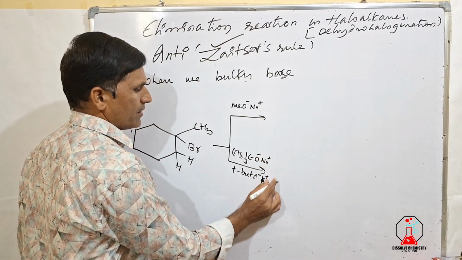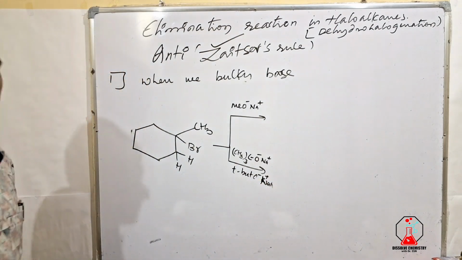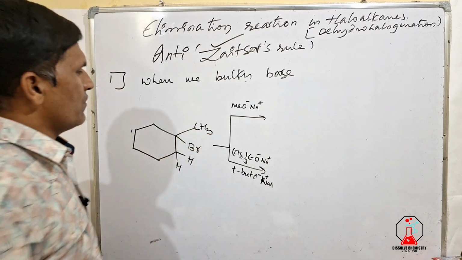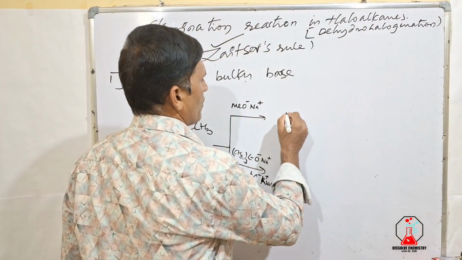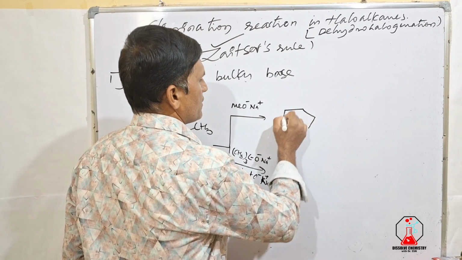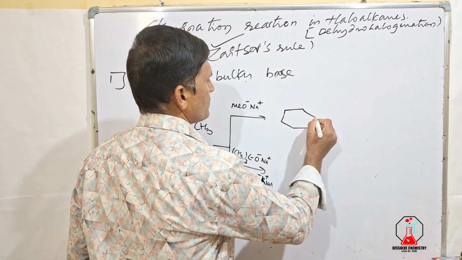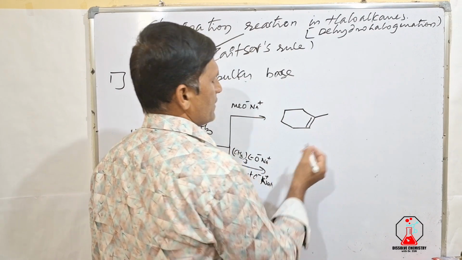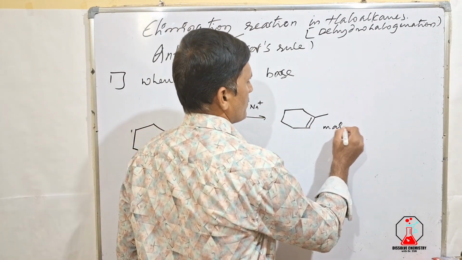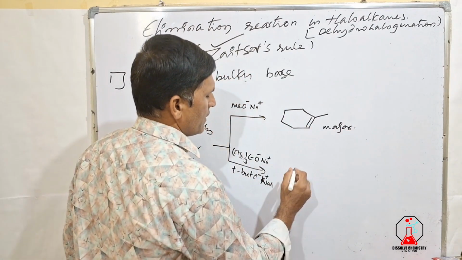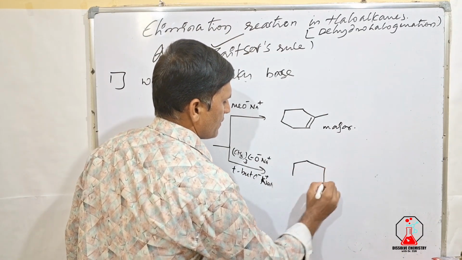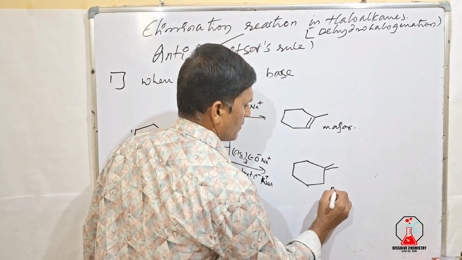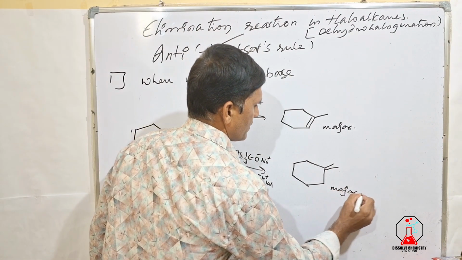Now when you use the first one, your major product will be Zaitsev's product, that is, you will get this as the product. Whereas here we are going to get this as the major product.